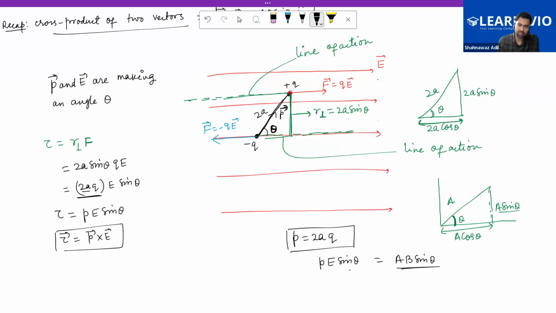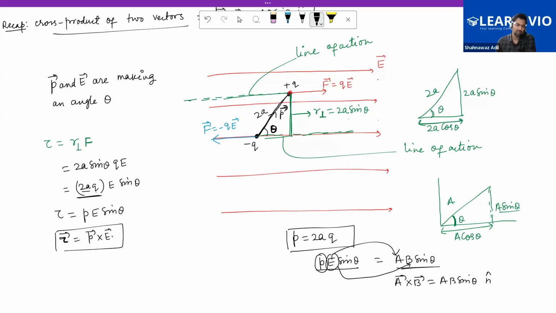Remember that A cross B is AB sine theta, right? Similarly, P is A, E is B, and theta is the angle between A and B. So PE sine theta would be P cross E. So this is what we call the torque in a dipole. That would be the cross product of dipole moment and the electric field. Is it clear?